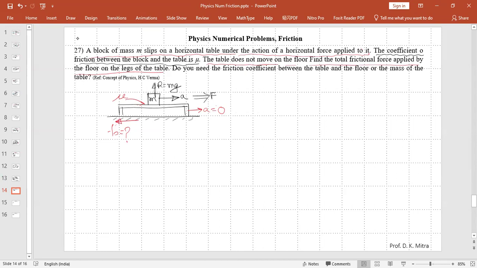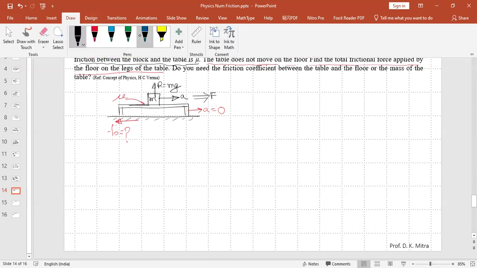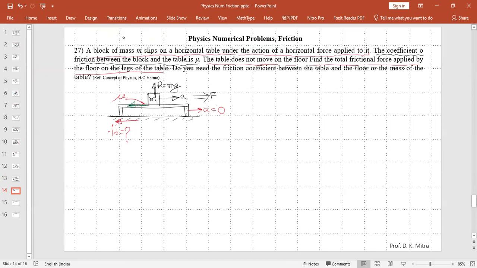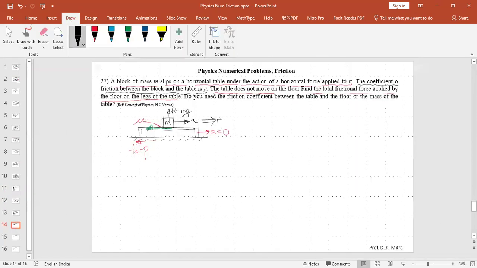And let us say force F is applied. Let me take a different color. There will be a force in this direction between the body and the table, or what I can do, I can draw the small body here.